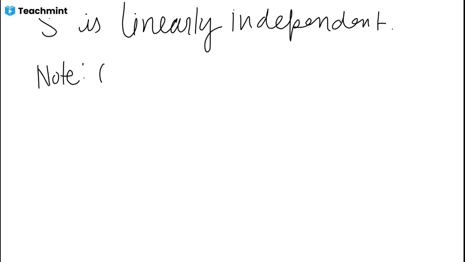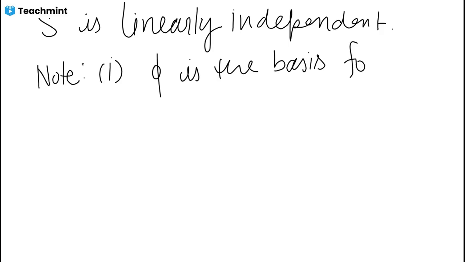First, phi is the basis for the null vector space.